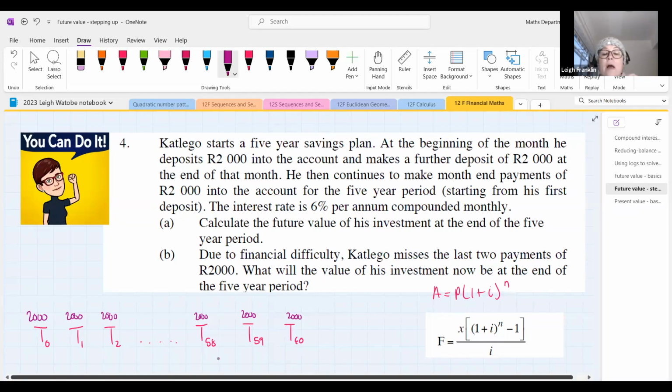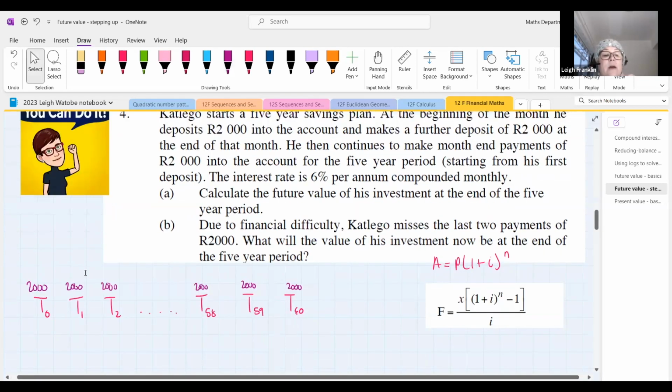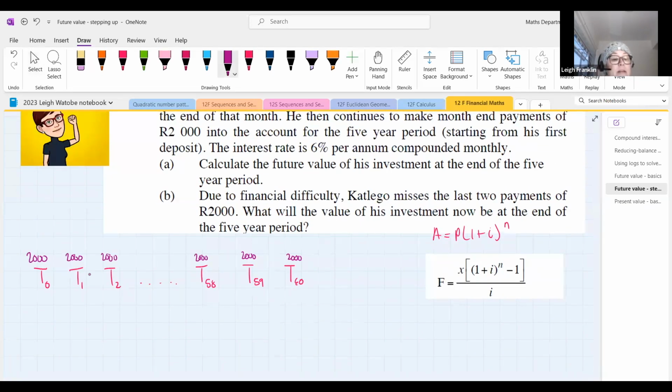So that means that when we consider his future value, it's 2,000 Rand being deposited. The interest rate is 6% per annum, so 0.06 compounded monthly. He would make 61 payments of 2,000 Rand.